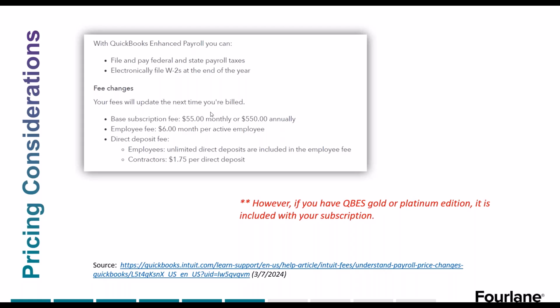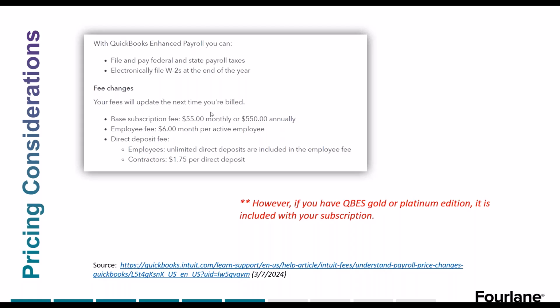Okay, pricing considerations. Have to give that little caveat here. Disclaimer, this is subject to change at any time, but as of right now, the information that's published is that QuickBooks Enhanced Payroll provides the ability to file and pay federal and state payroll taxes. Again, not automatically, you would still do it, but it allows for that.